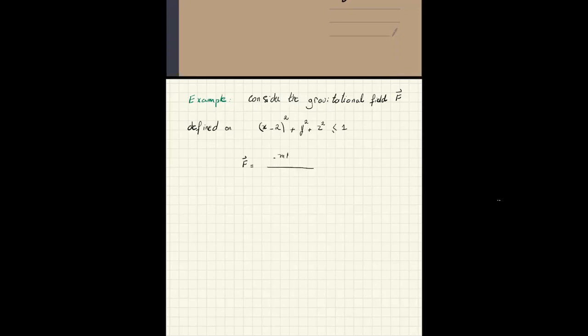It's minus G M x over (x squared plus y squared plus z squared) to the 3/2, minus G M y over (x squared plus y squared plus z squared) to the 3/2, minus G M z over (x squared plus y squared plus z squared) to the 3/2, okay? Here M and G are constants.